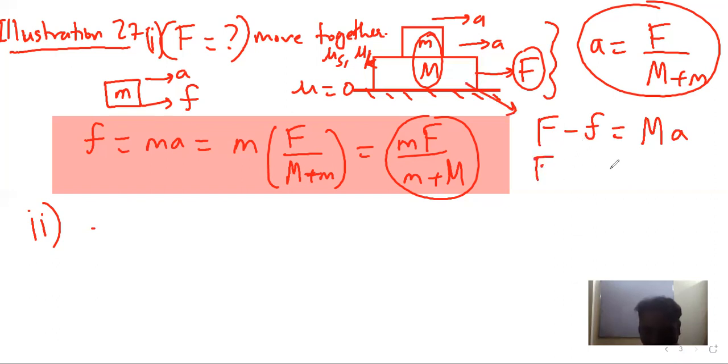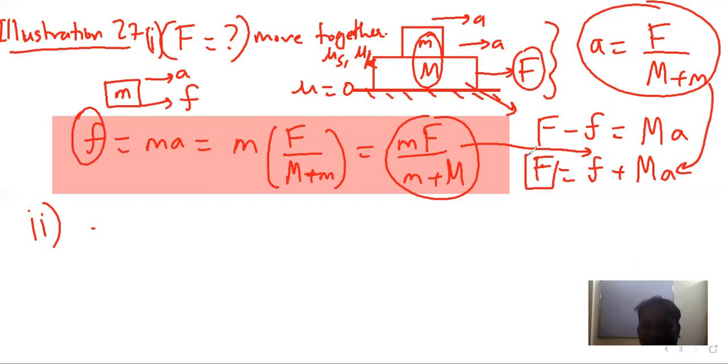So capital F comes out to be friction plus capital M into a. And the value of friction we already found. We can substitute this value of friction here. So from this, we can calculate the value of capital F. Now a also we can substitute from this equation, we'll get the value of capital F as required.